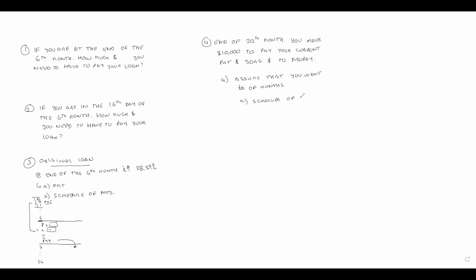You can start doing this, guys. And the second assumption is that you want to keep the same payment as before. And this implies that your N is going to decrease.